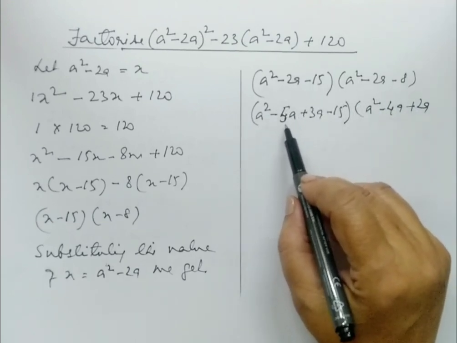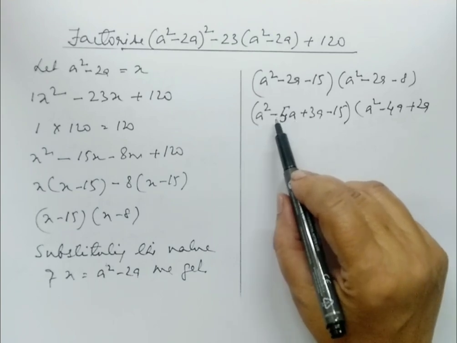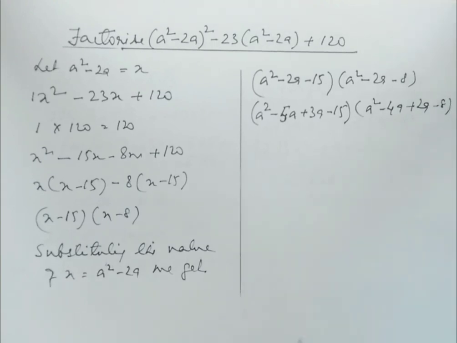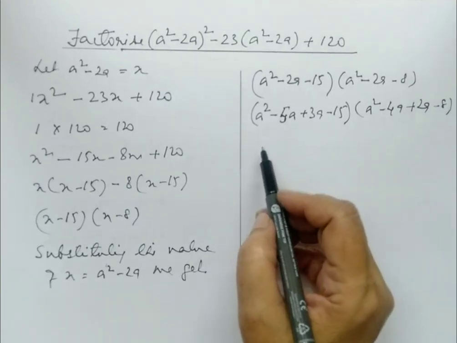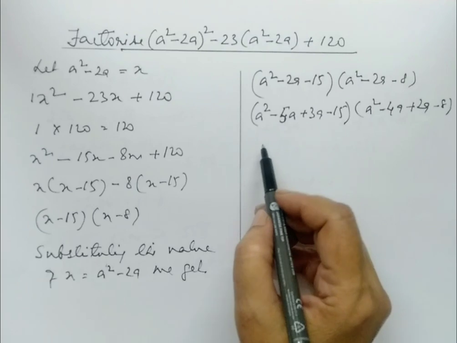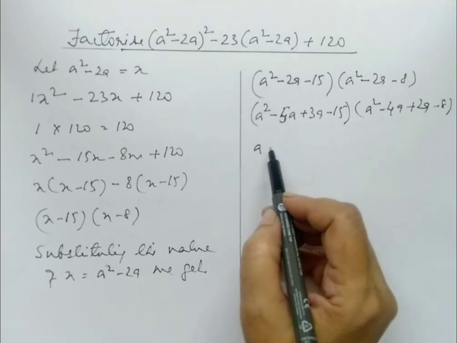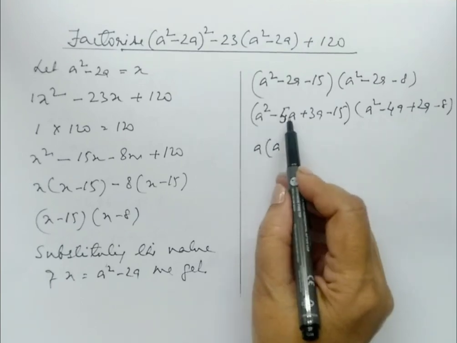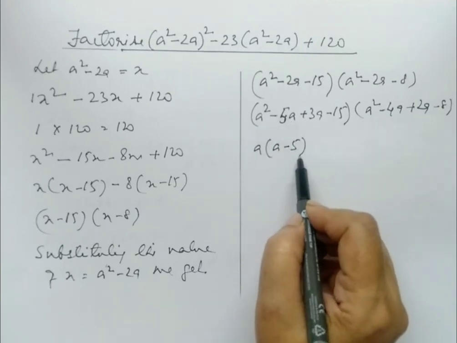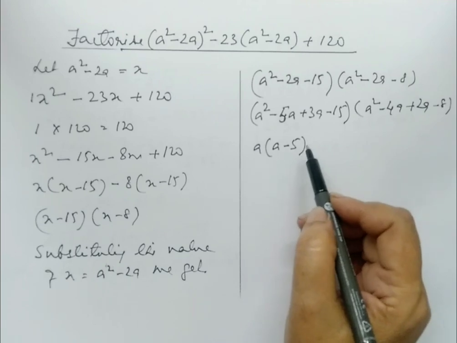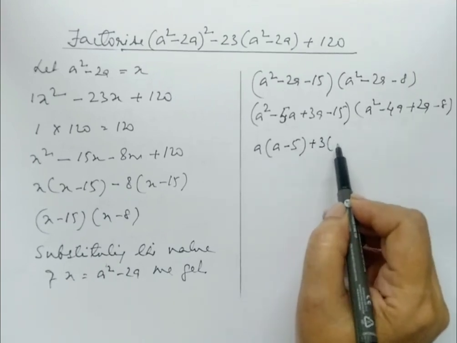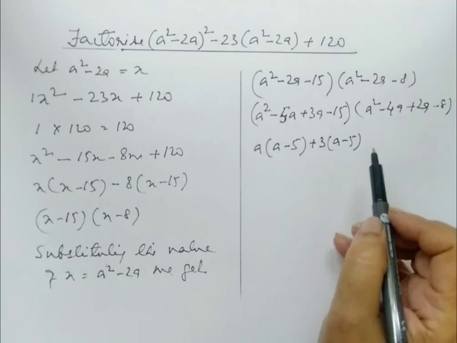So I kept 5a having a negative sign and minus 8. Alright. Next we take the common element out of here. So we have a common in this, a minus 5. And in this we have 3 as common, a minus 5.